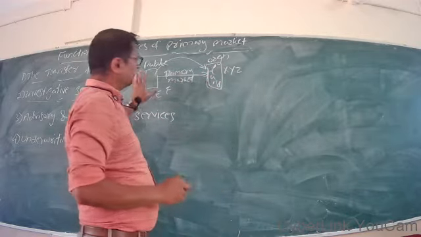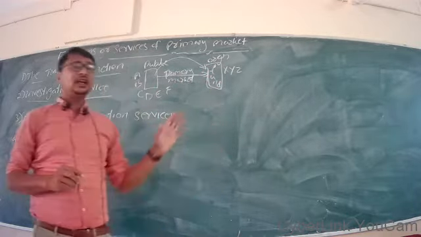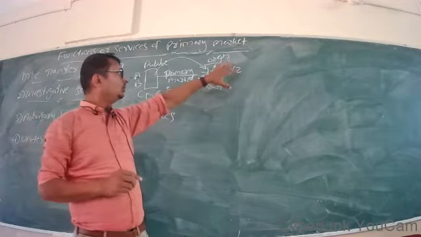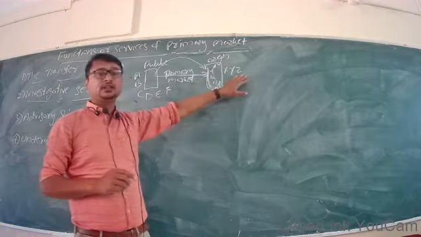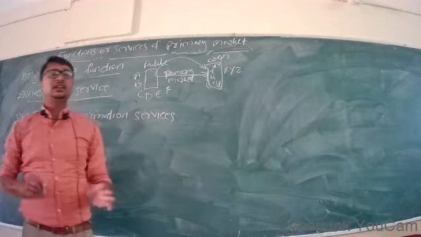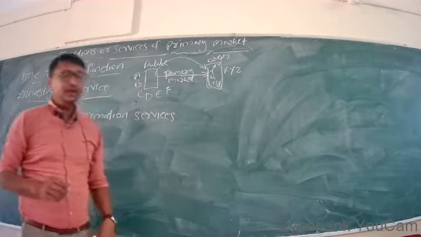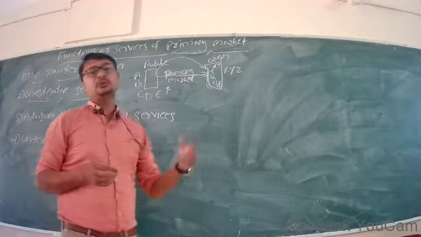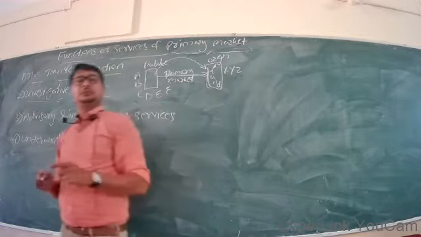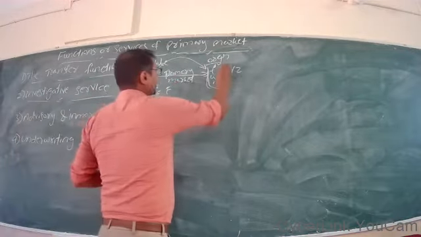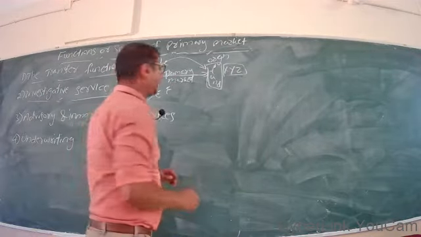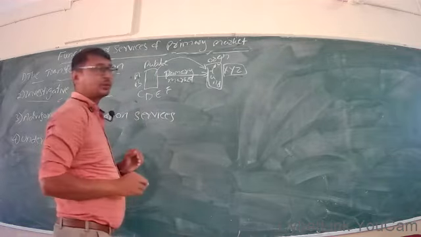Only once they are aware of everything about this organization can they invest their money. Otherwise, why would they give such a huge amount to any organization? This primary market gives all the information related to XYZ company. That is called investigative service.